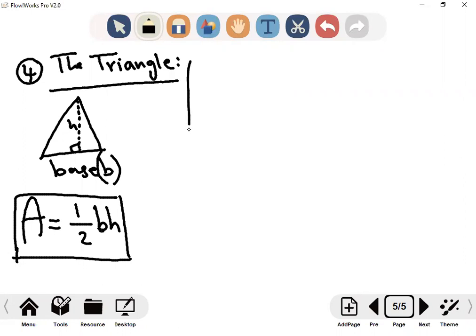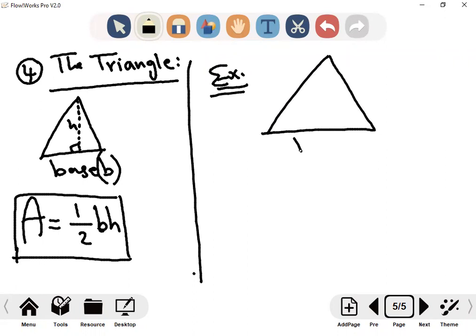Now, let's take an example. If we have this triangle with base 10 meter and height 7 meters, let's find its area. How do we find the area? Who can help me in finding this area here? Yalla, hands. Hilal, do you hear me?